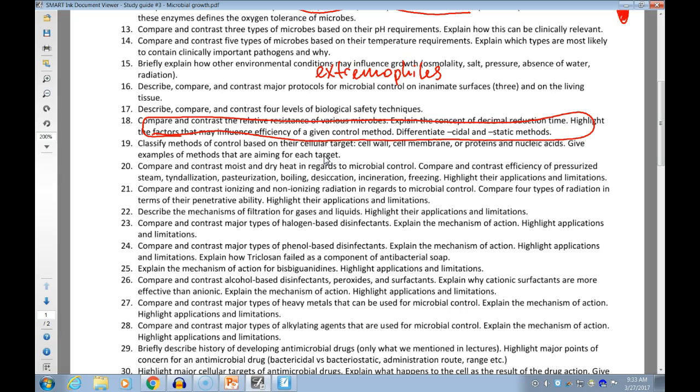Again, I'm not going to ask you what is more resistant, a non-enveloped virus or an asexual spore of a fungus. That makes sense? But if I ask you to compare endospore with anything else except prions, there's no question. I will be extremely explicit. Does that make sense? Am I clear?